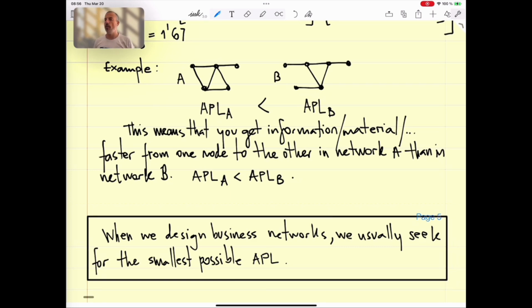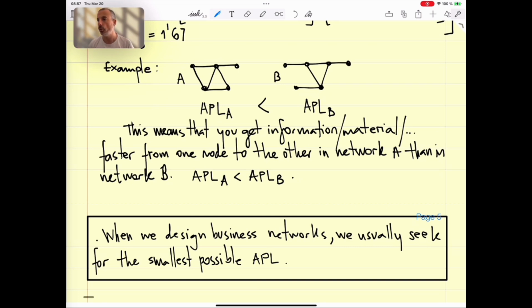This is important. In the exam, I could ask, here is this network, here is this network, compare both of them in terms of speed of information transfer, and give me your recommendation for choosing one configuration or the other, and argue why.